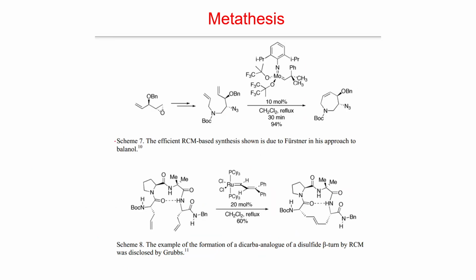So here are some examples of how they have been used in different syntheses. If you have this unit, to make that seven-member ring, initially the Schrock molybdenum catalyst is used for formation of this particular product.